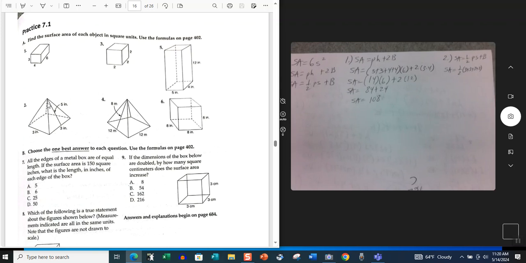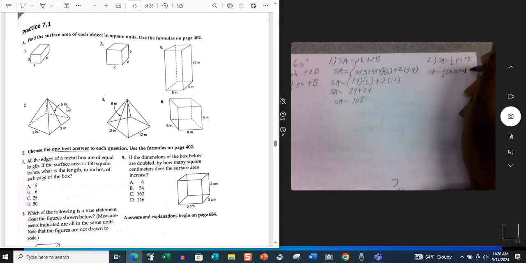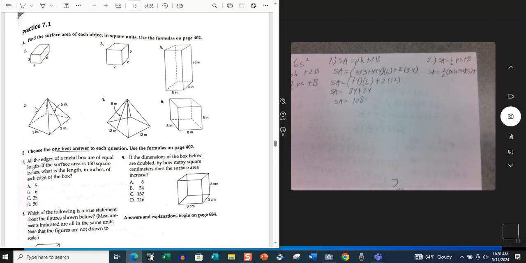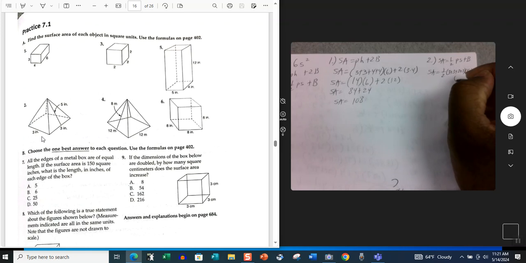Now we have the slant height. The slant height goes from the top of the pyramid to the base of the pyramid, and it happens to be 5 here. Now we also add the base. The base here is the area of this rectangle at the bottom of this pyramid, so the base would be 3 times 3.